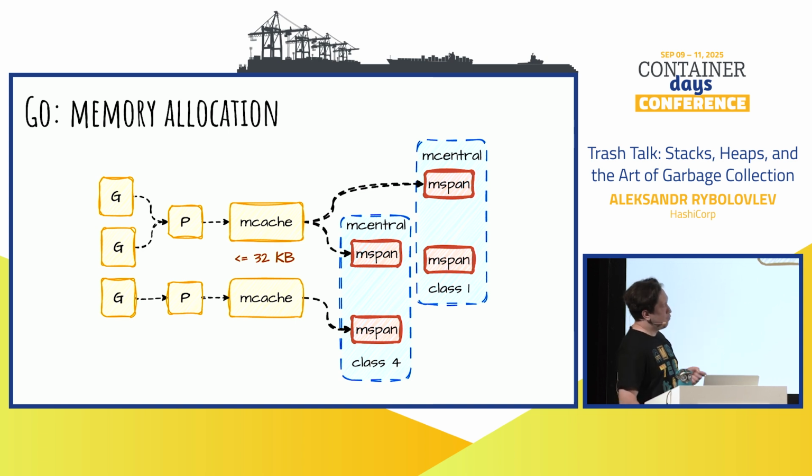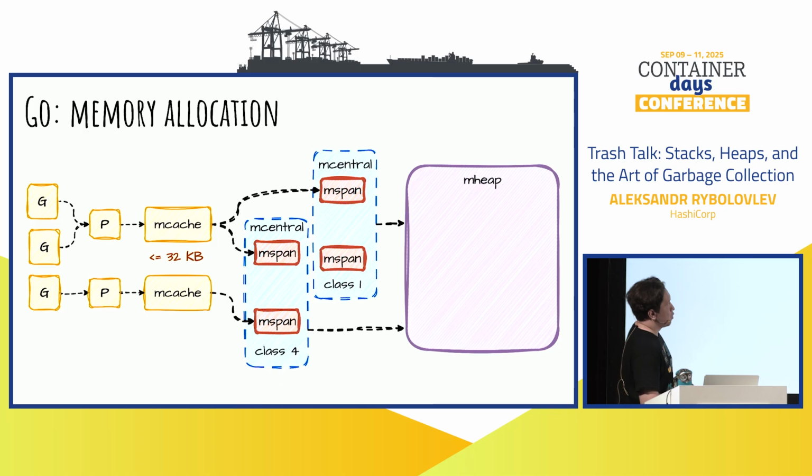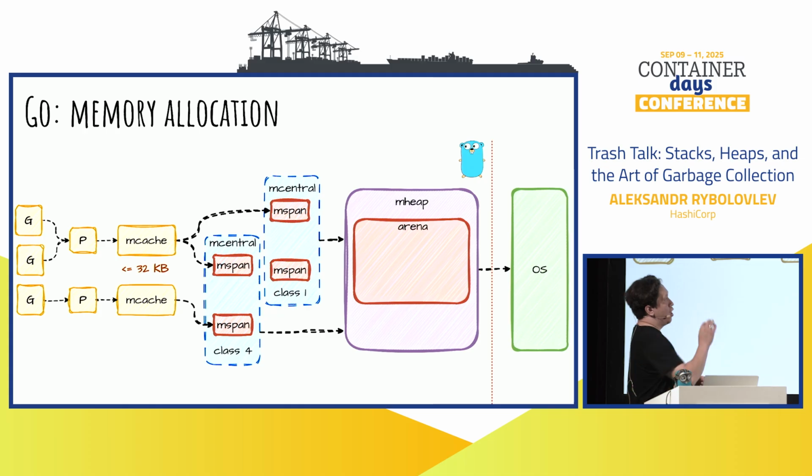In the case of class 4, we see that it's fully busy, so M central needs to request another M span. For that, it will go ahead and talk to the M heap layer of abstraction, which also implements a locking mechanism when it comes to accessing M heap. And M heap is the one that talks to the operating system when it comes to requesting memory.